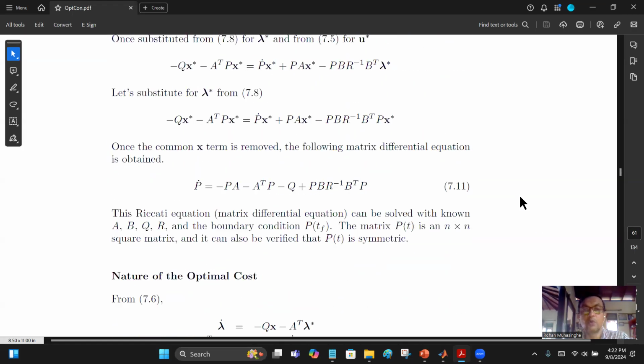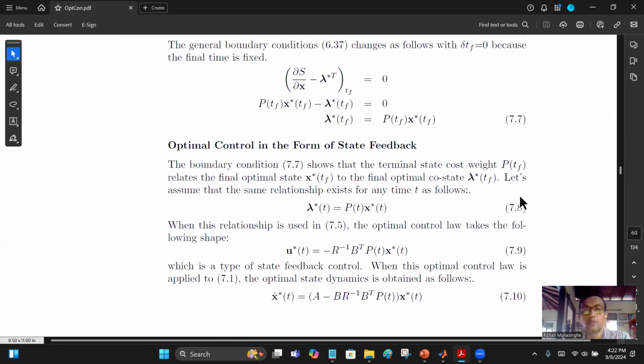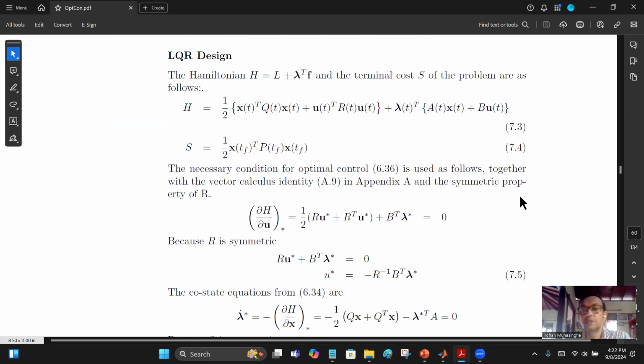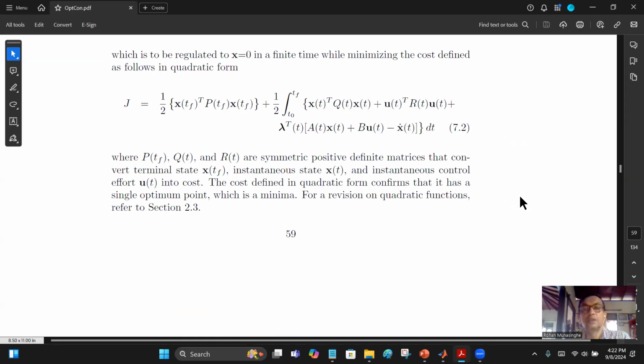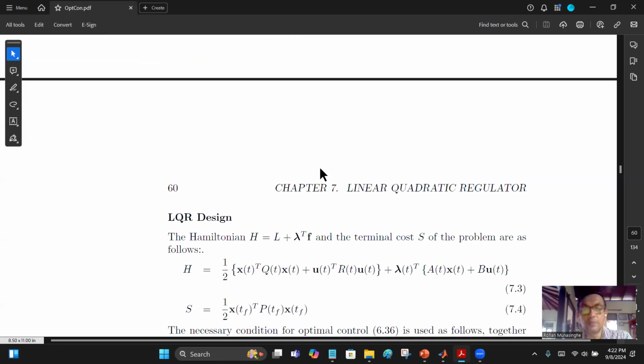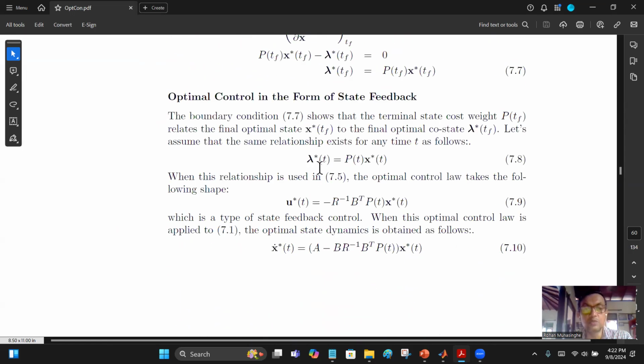So if you look at 7.2, you can pedal back over here. You can see lambda transpose A and also lambda transpose B over here. Okay, so it's a constraint basically. So you can replace these two terms in the cost.